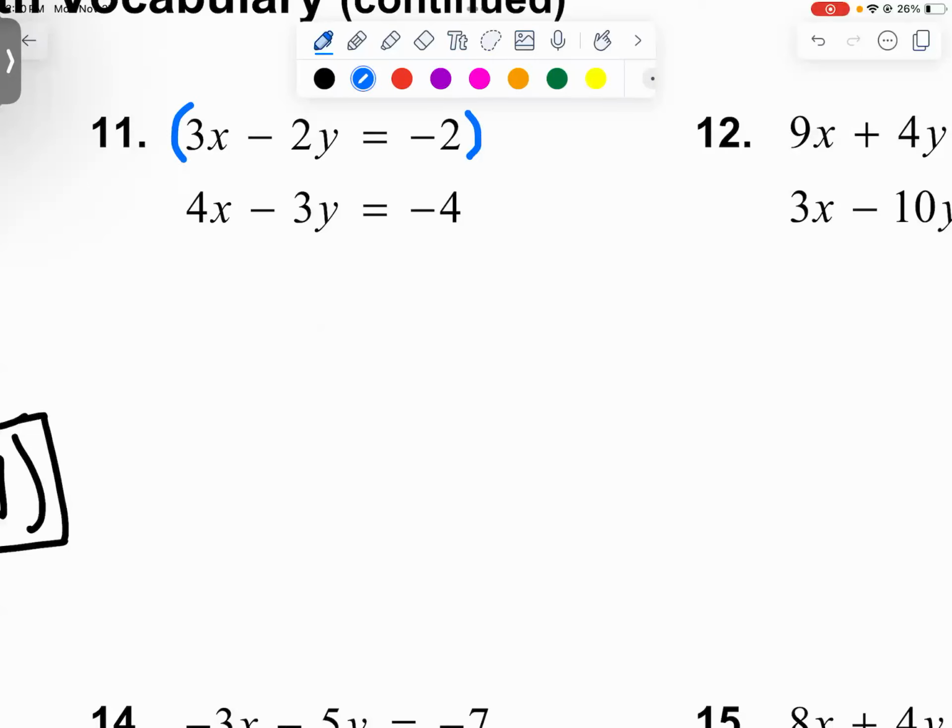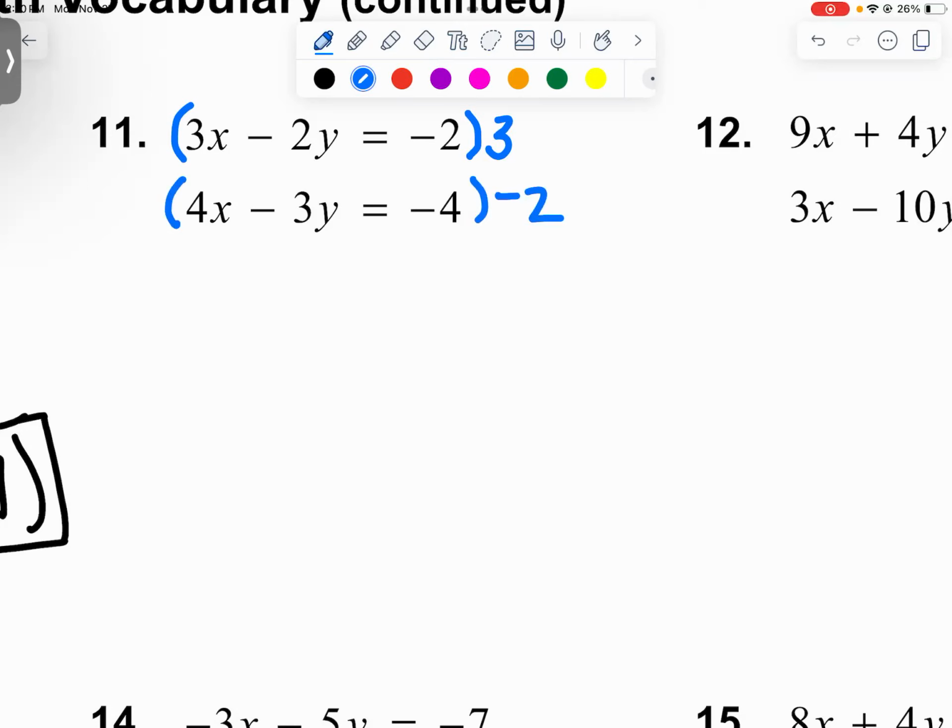Negative 1/2. What if we multiplied by 3? Because then the coefficient would be -6. Then we would have to multiply this one by -2.